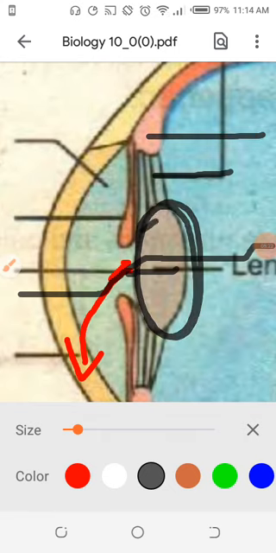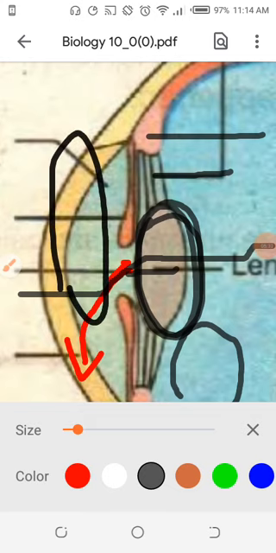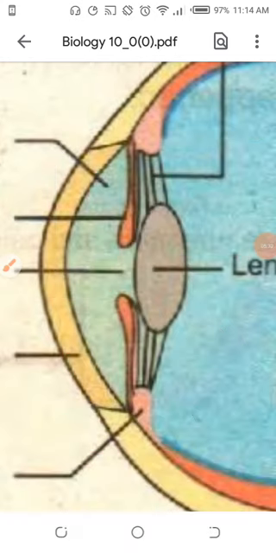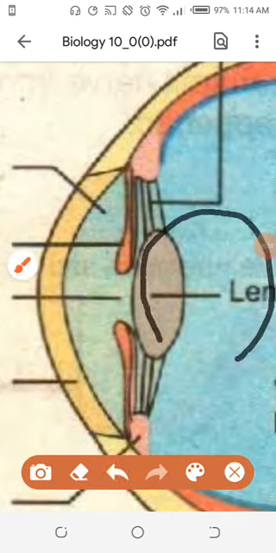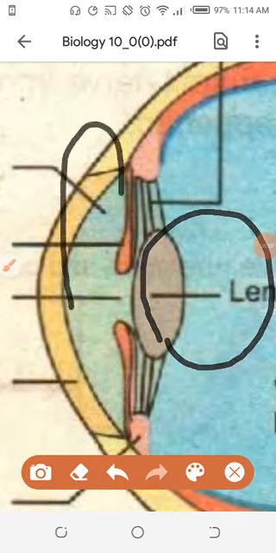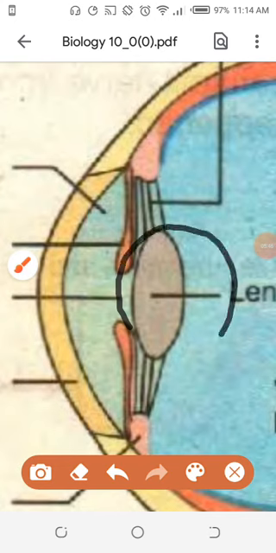What does the shape of the biconvex lens mean? It may become more convex, or it may become less convex. So I will make two figures. The strength of the biconvex lens to absorb and refract the light image to the rod-shaped cells and cone-shaped cells will depend upon the shape.